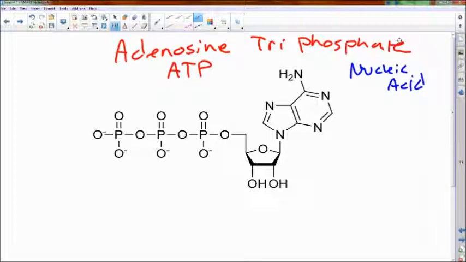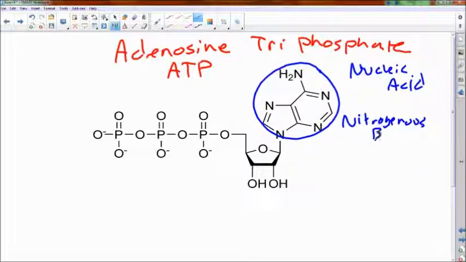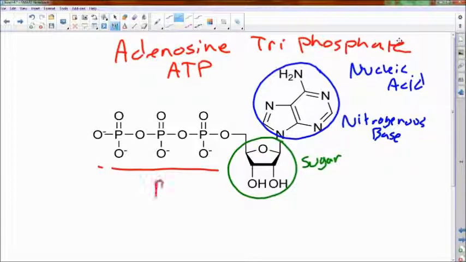Because it's a nucleic acid, we know there are three parts to it. There's the nitrogenous base, there's the sugar, and then there's the phosphate.